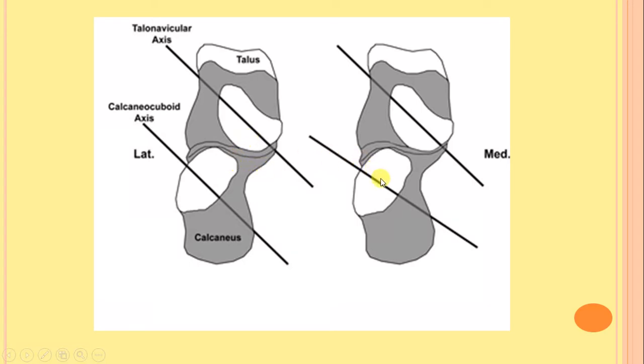But when the movement occurs, that is inversion especially, the two axes don't remain parallel, but they become angulated and at some point cross each other.